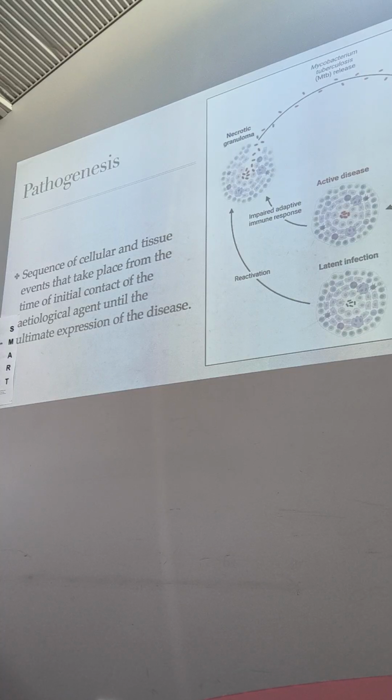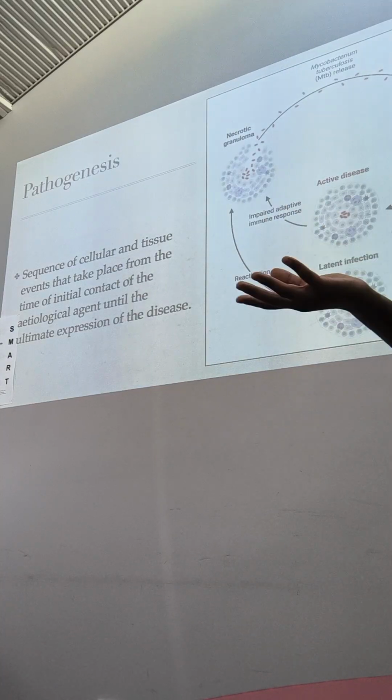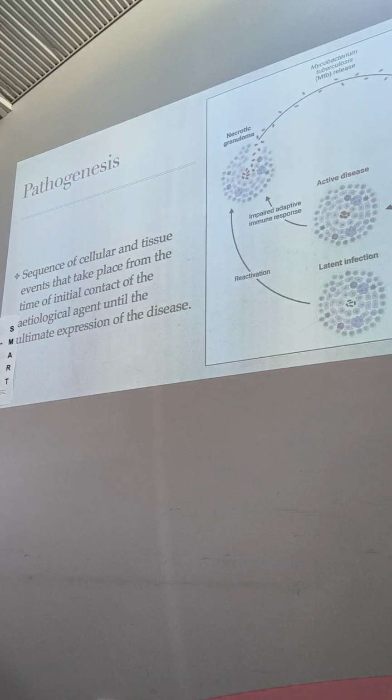You get it from close contact, when someone is not wearing a mask and they're speaking directly to you, and you breathe in those bacteria. It's in their breath as well. Basically, that bacteria is going to go into your system, into your lungs, because that's the first passage. It's going to go to these things called macrophages, which are immune cells in your blood. And they're going to go inside those macrophages and breed.